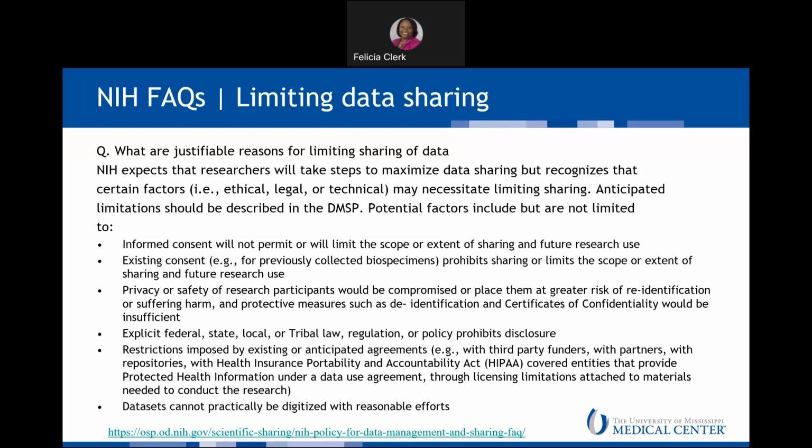You still have to provide a plan. You still have to provide that in your plan. Potential factors include, but are not limited to, informed consent will not permit or will limit the scope or the extent of sharing and future research use. Existing consent prohibits sharing. Privacy or safety of research participants.